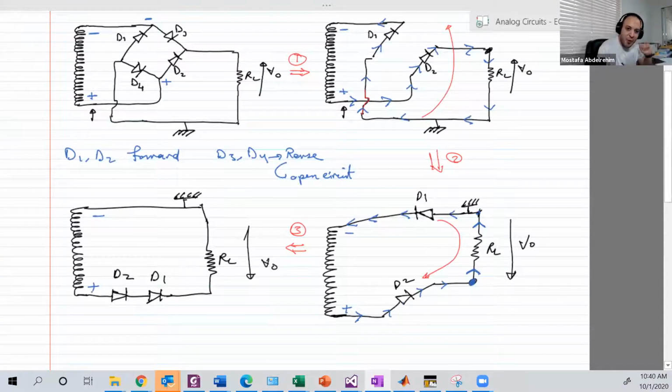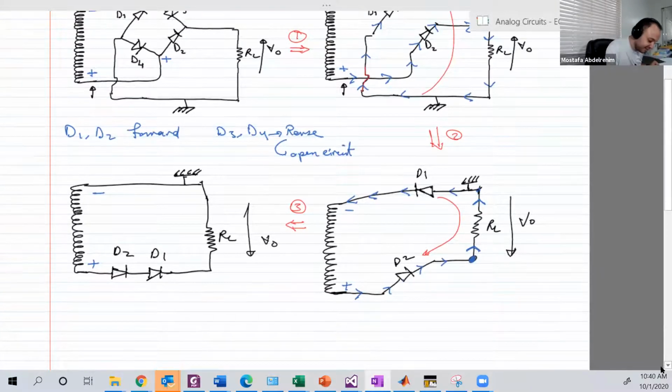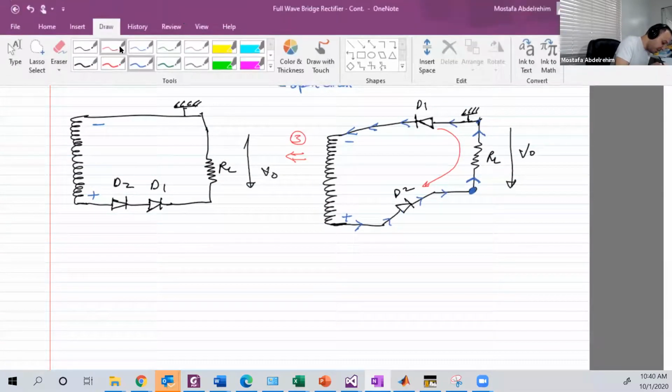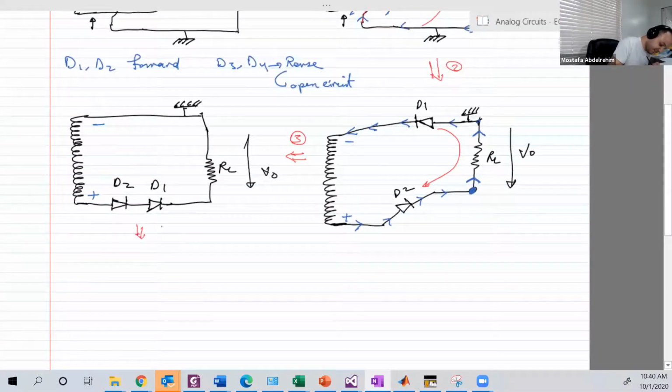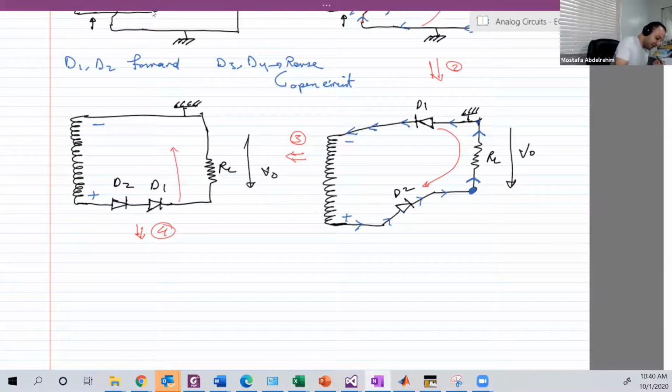Let's do one more trick. We're going to flip the circuit. Okay? So we're going to take this wire, for example, and move it above here.